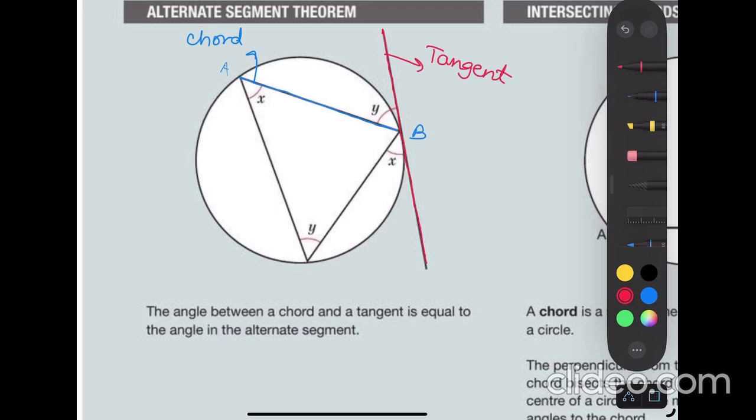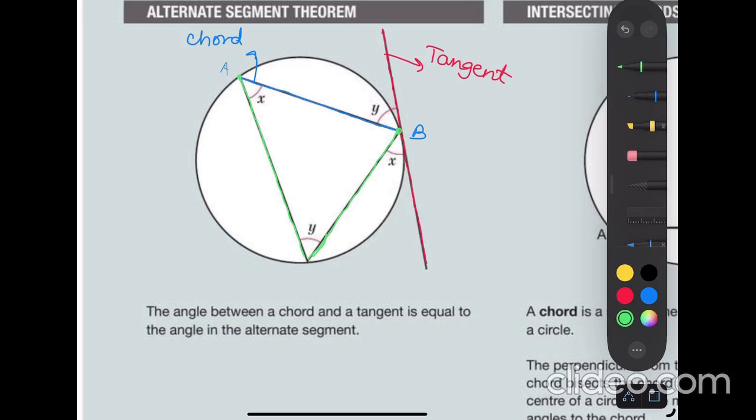So this theorem is about the angle formed between a chord and a tangent. We can clearly see here that the chord AB and the tangent line, which is drawn in red, are making an angle Y. So this theorem states that if there is an angle formed between a tangent and the chord, and by joining the same points on the other side, meaning if we see these two points A and B, and join and make an angle on the opposite side like this one, from the same points of the chord, then these two angles are known as alternate segment angles, and they are always equal, right?